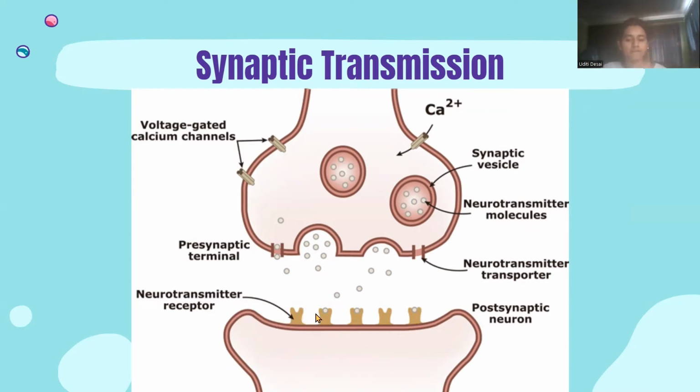And once it's attached, the message is passed on to the postsynaptic neuron. The neurotransmitter can either excite or inhibit the postsynaptic neuron. And once it's done its job, it will simply get released, and it can either diffuse out, get broken down, or even go back into the axon of the first neuron.